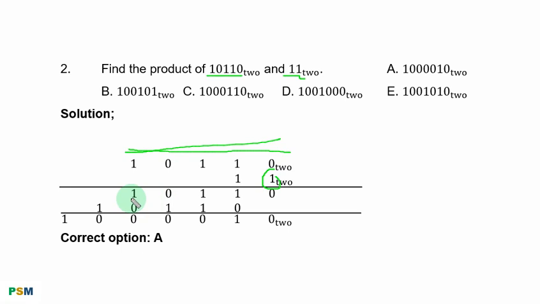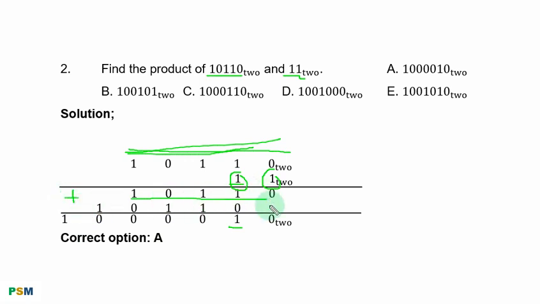You have the first set of results. Then you use the second digit 1 to multiply all the digits. When using the second digit, your answer begins from that digit to the left, and you have 0, 1, 1, 0, 1. Next thing is to add.